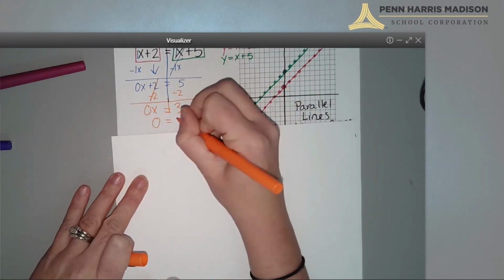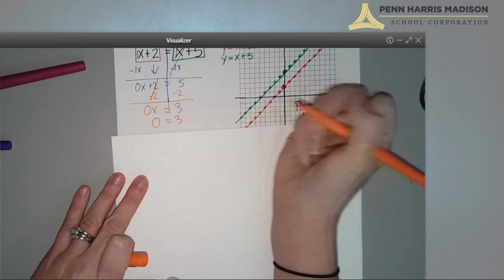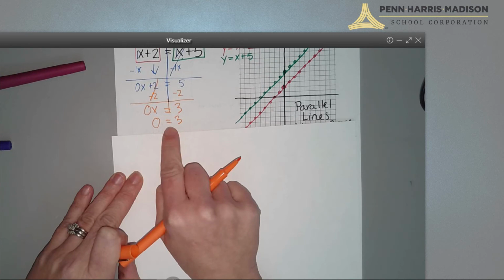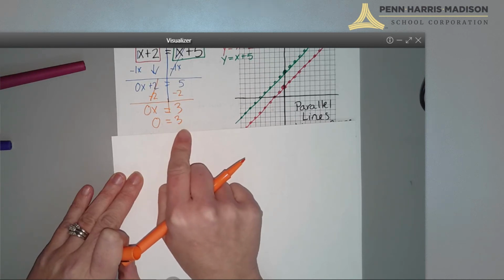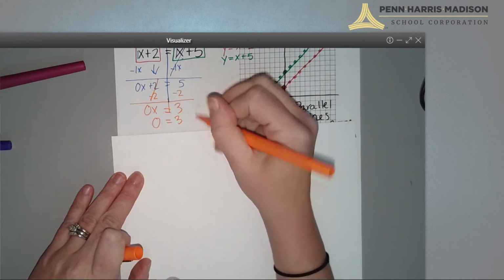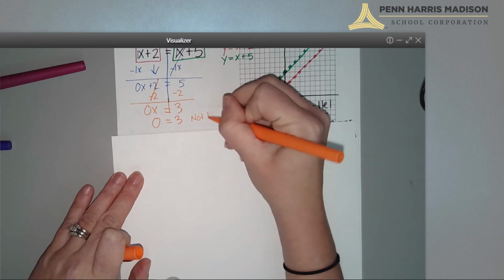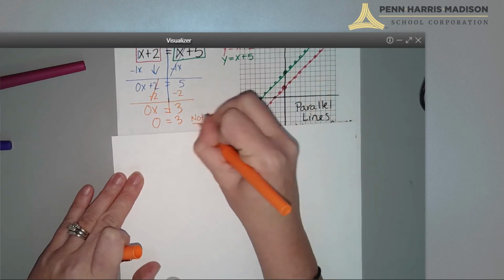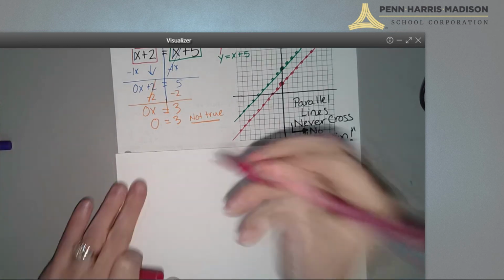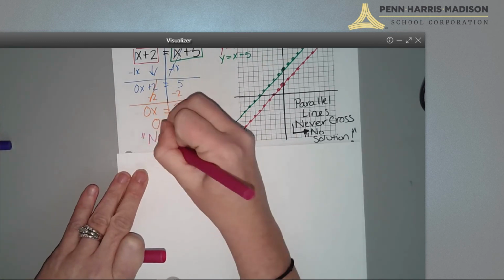My letter totally disappears. And I want you guys to think about this. 0 equals 3? That makes no sense, okay? When our letters disappear and it's not true, guys, what that means is a big, fat, giant, no solution.